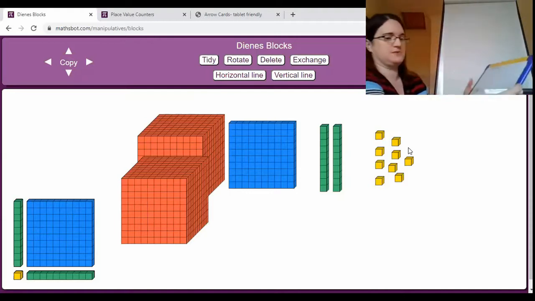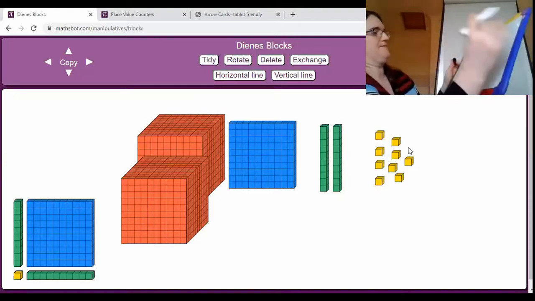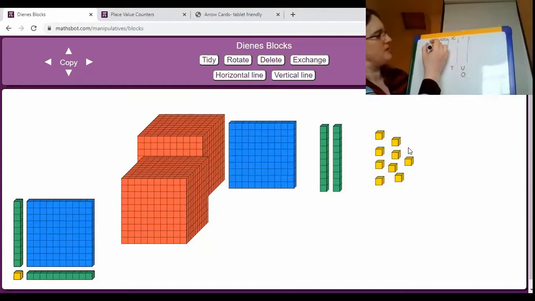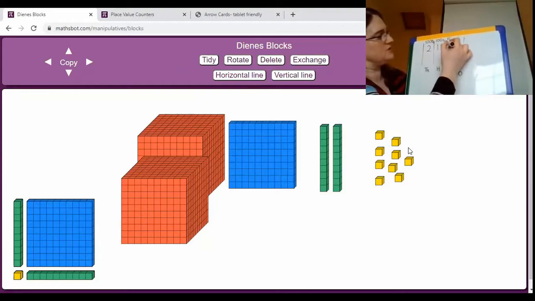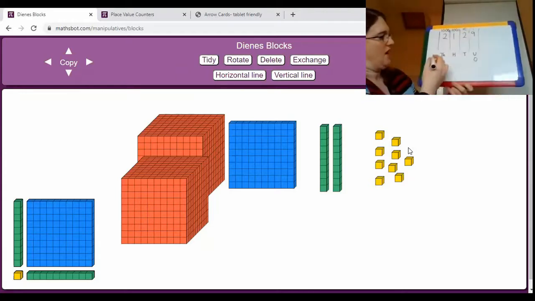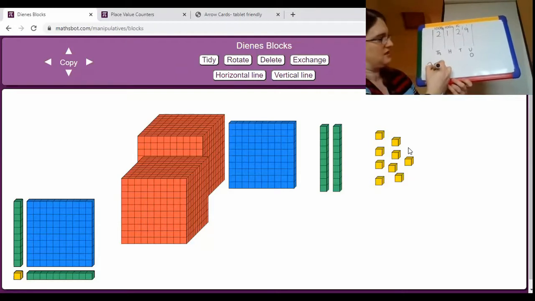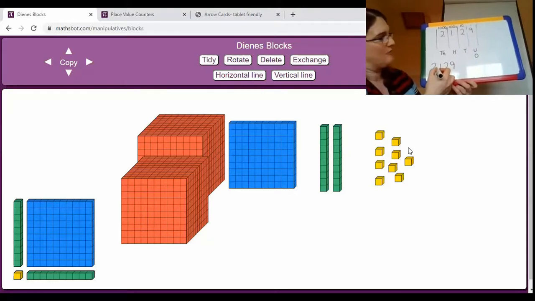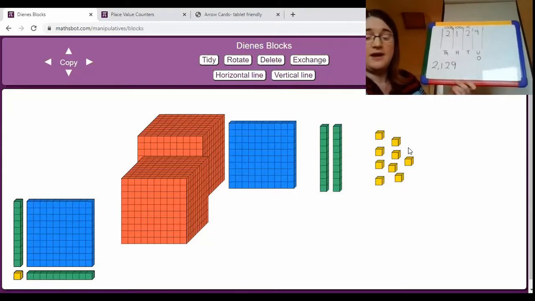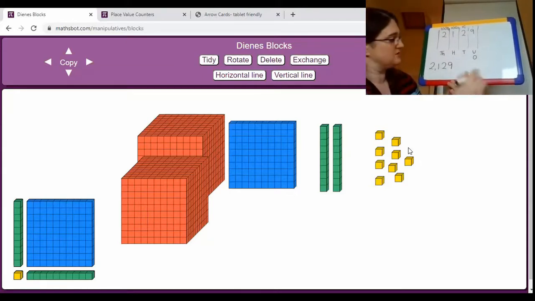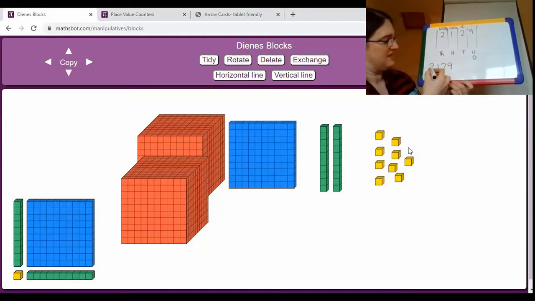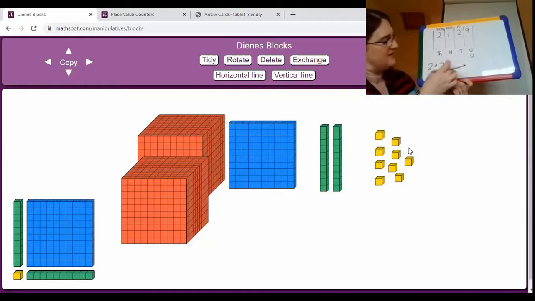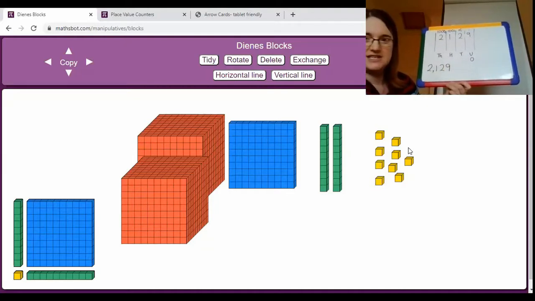Okay, so if we have a look at this one now, so I might have written it in my grid that I've drawn in my book to help me if I wanted to, 2,129. I might write it again down here, 2,129. And we have a comma or a space, depending on how books are set out. Sometimes you might see a comma in between the thousands and the hundreds, and sometimes they just leave a slightly bigger space to show you, so they group each set of 3 digits together.